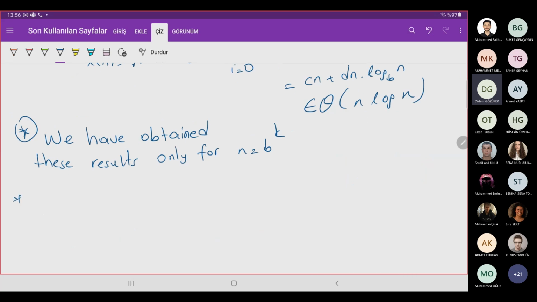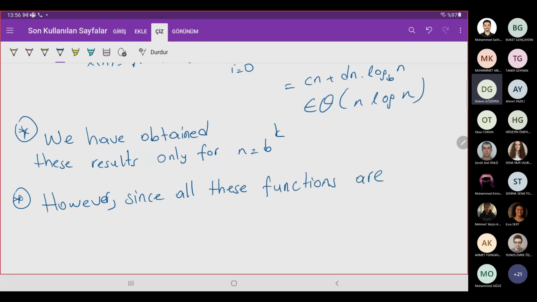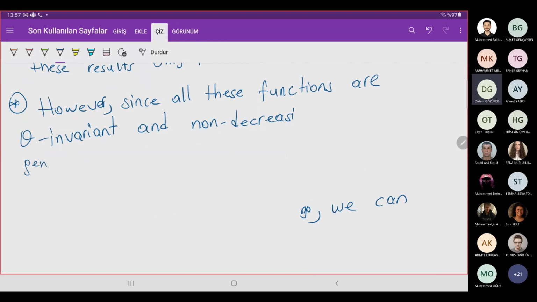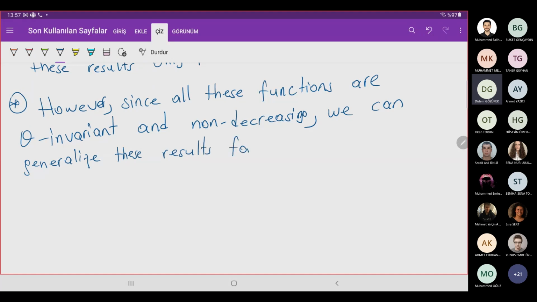However, since all these functions are theta invariant, remember the definition of theta invariant, I'm not going to iterate it here, and non-decreasing, we can generalize these results for all n, which brings us to the master theorem, okay?